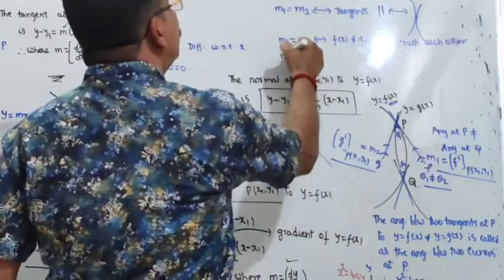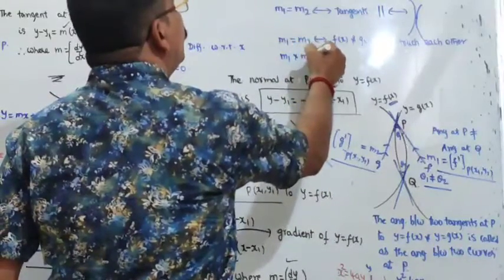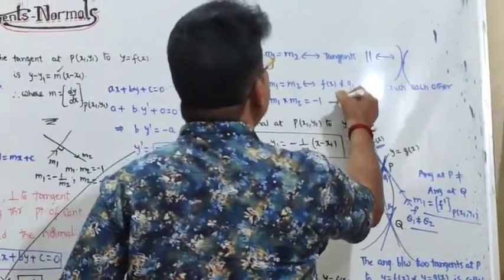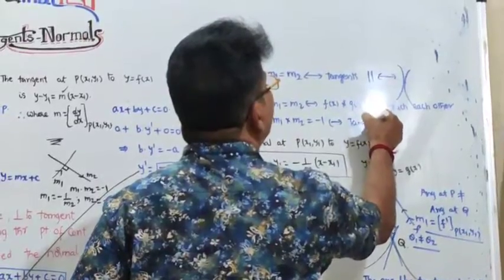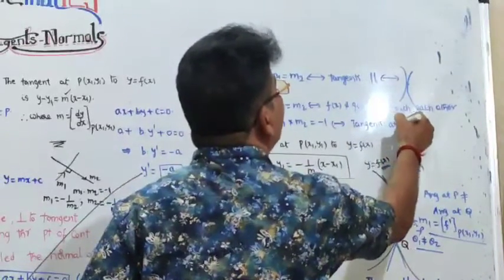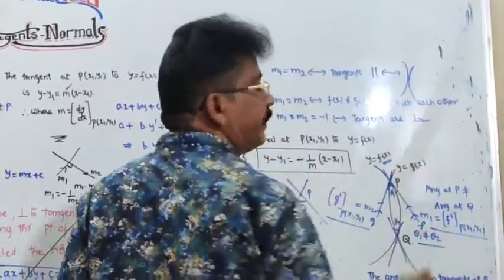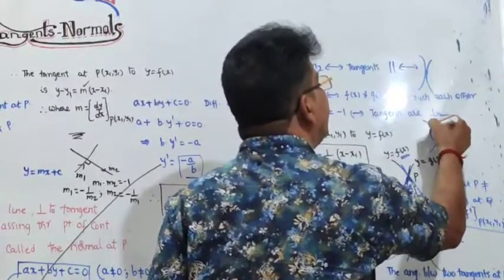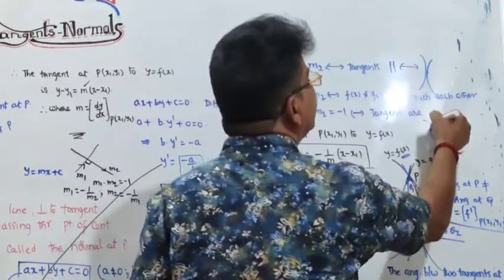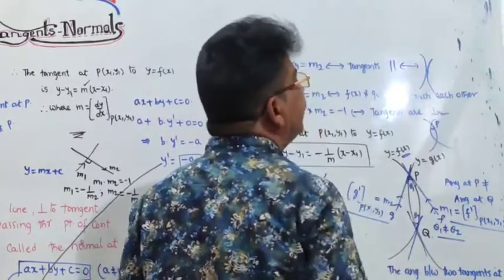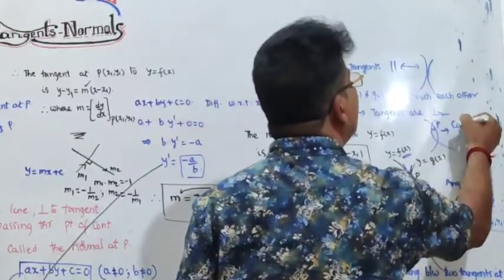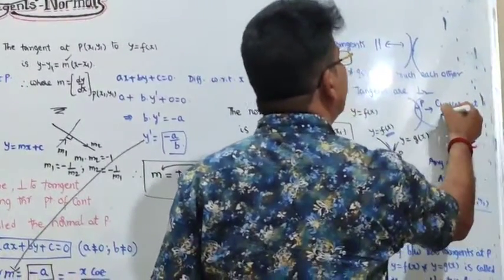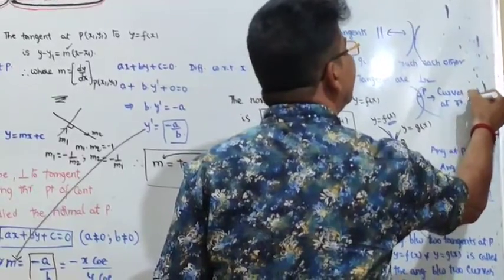Next, m1 into m2 is equal to minus 1. The product is minus 1, which means the tangents are mutually perpendicular. Then the diagram will become like this: this is 90 degrees at capital P. It is called curves cut at right angle.